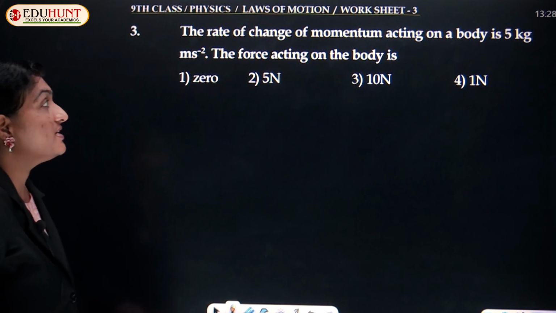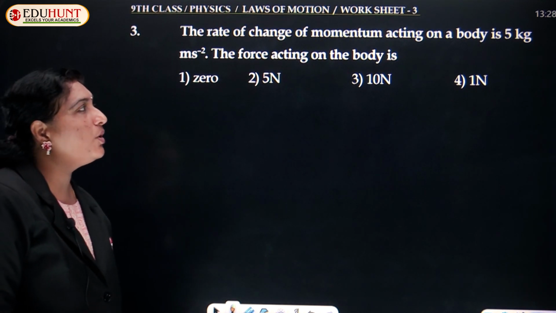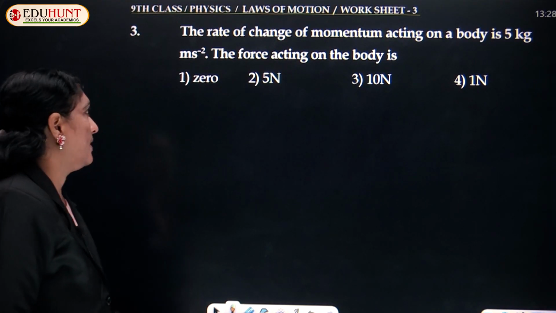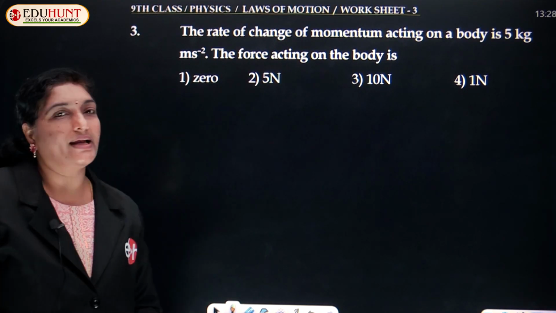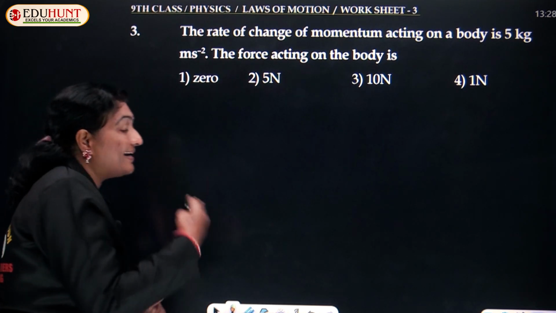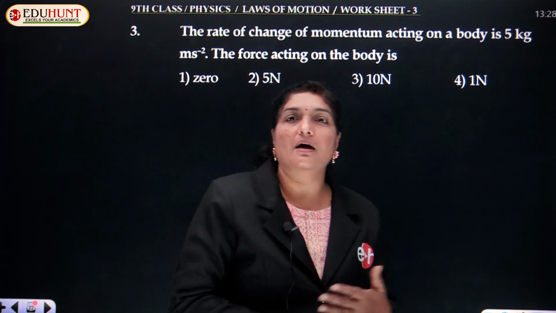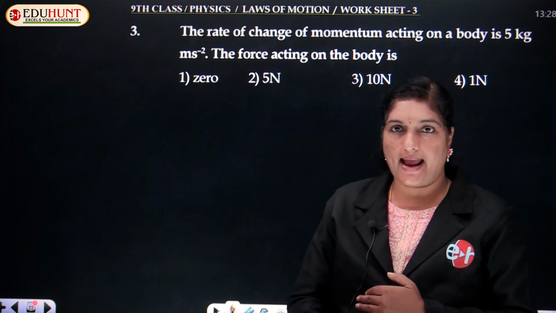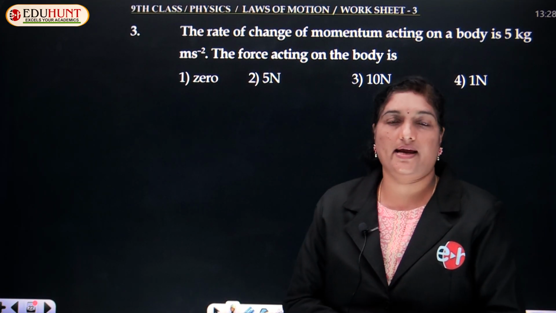The rate of change of momentum acting on a body is 5 kg meter per second square. The force acting on the body is, we have discussed that the rate of change of momentum is directly proportional to the net external force applied, Newton's second law.